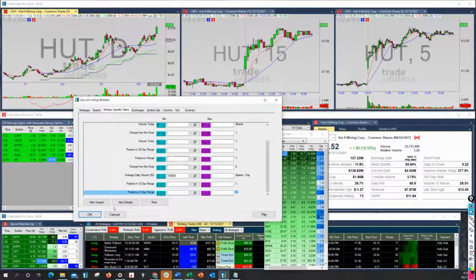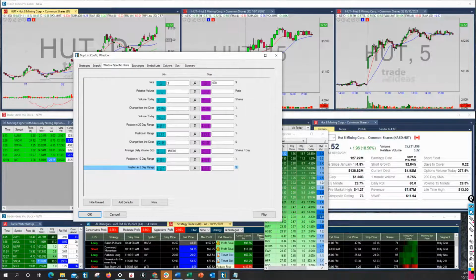Come to Windows specific filters, and let's expand that out. So let's say we're going to set a minimum 0 and a maximum 100 on the 10-day range. All right, so it's saying it's got to be in the 10-day range, can't be extended or below the 10-day range.